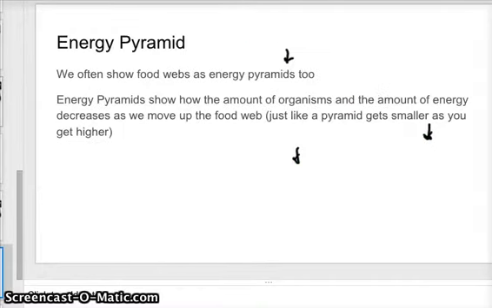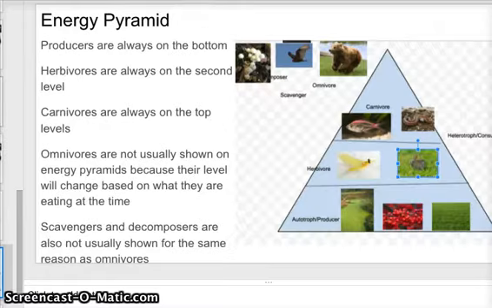Alright, now the energy pyramid is another way to show the food web. And an energy pyramid looks like this. I'm not going to take the time to make it, but we have the producers always on the bottom, herbivores on the second level, and carnivores on the third, fourth. Omnivores we would put in there, but you couldn't really tell if it's an omnivore because they eat plants or animals.